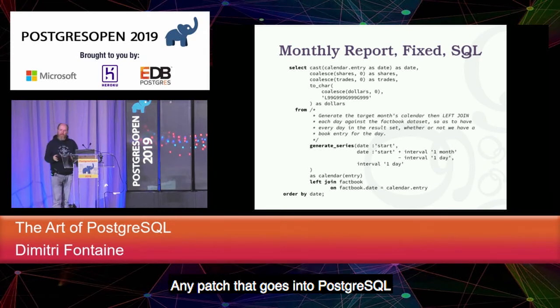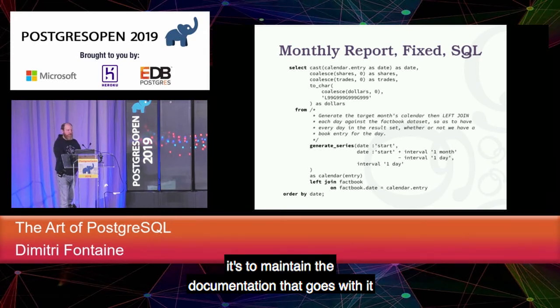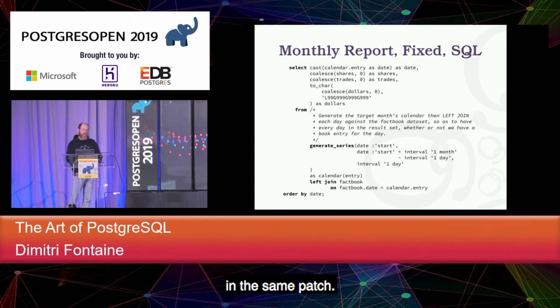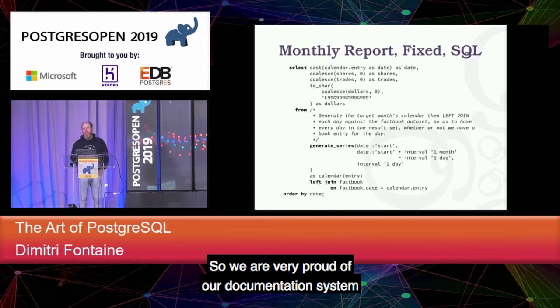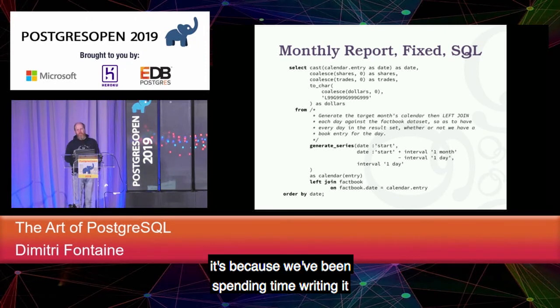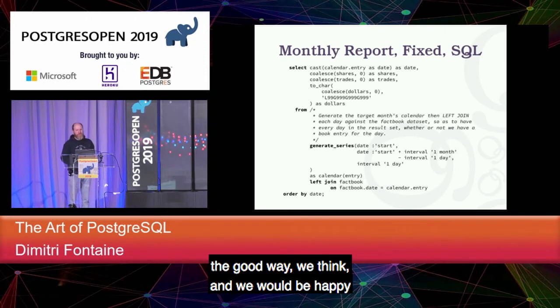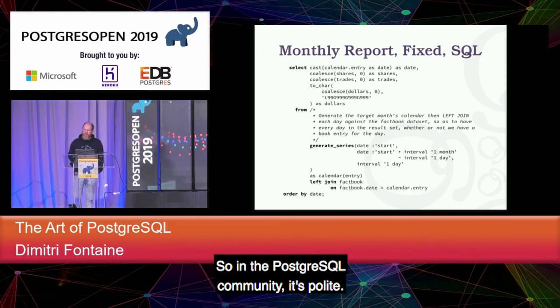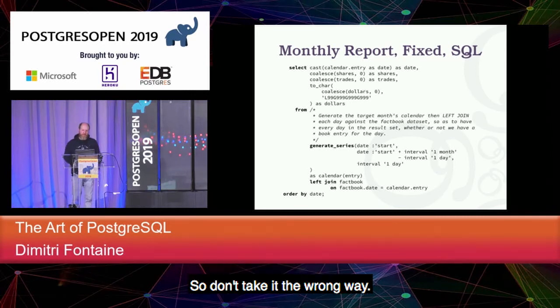Okay? Any patch that goes to PostgreSQL needs to maintain the documentation that goes with it in the same patch. So we are very proud of our documentation system. So when we say, please read the docs, it's because we've been spending time writing it the good way, we think, and we would be happy that it's useful. So in the Postgres community, it's polite. So don't take it the wrong way.